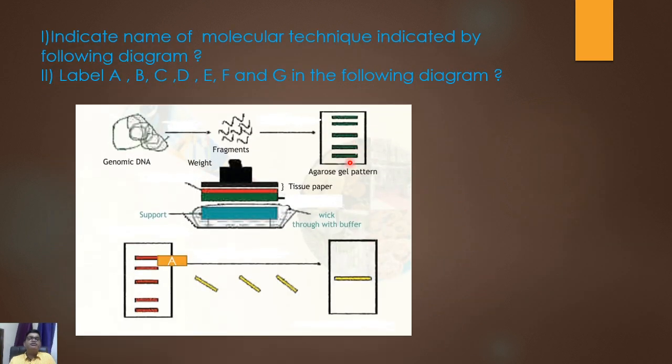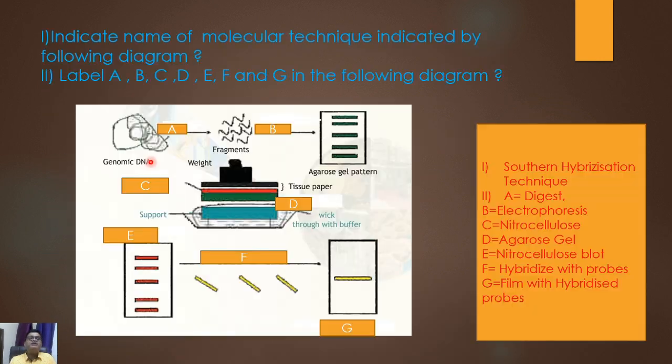Next, this is the simplest diagram of the method for Southern blotting. It was given by E.M. Southern in 1975. We isolate the DNA, purify the DNA, and then digest the DNA.